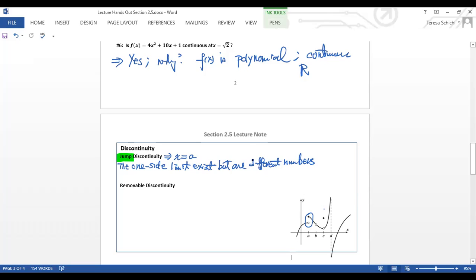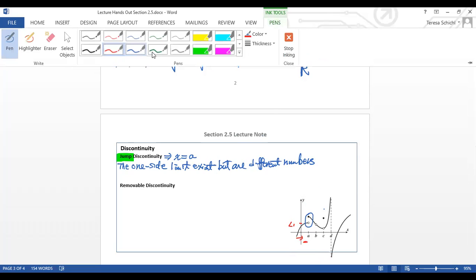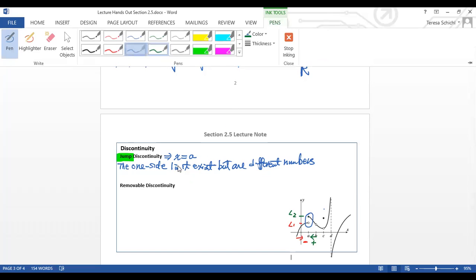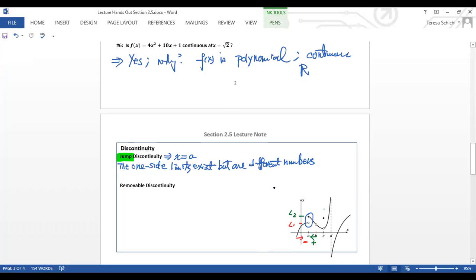Like in here, at a, if you approach from the left-hand side, the limit is L1. And the same way, if you approach from the right-hand side, the limit is L2. So the one-side limits exist, but they are different here, right?